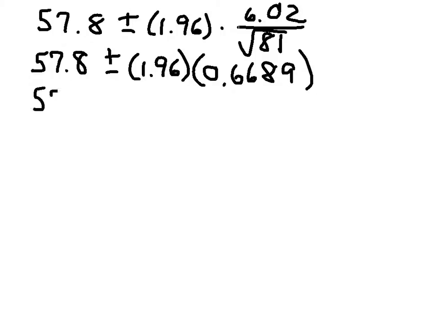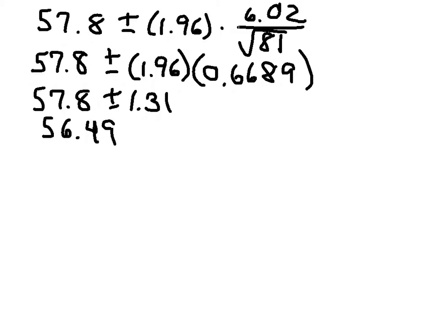And that's going to be 57.8 plus or minus 1.31. And when you do all your hand waving, you end up with 56.49 less than mean mu, less than 59.11.